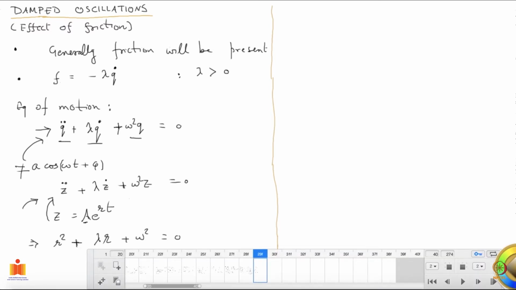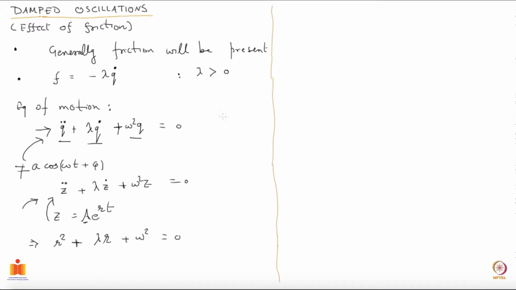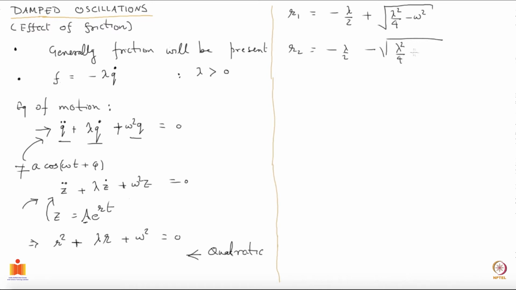So I have two roots which I call r1 and r2. r1 is minus lambda over 2 plus the square root of lambda square over 4 minus omega square, and r2 is minus lambda over 2 minus the square root of lambda square over 4 minus omega square.